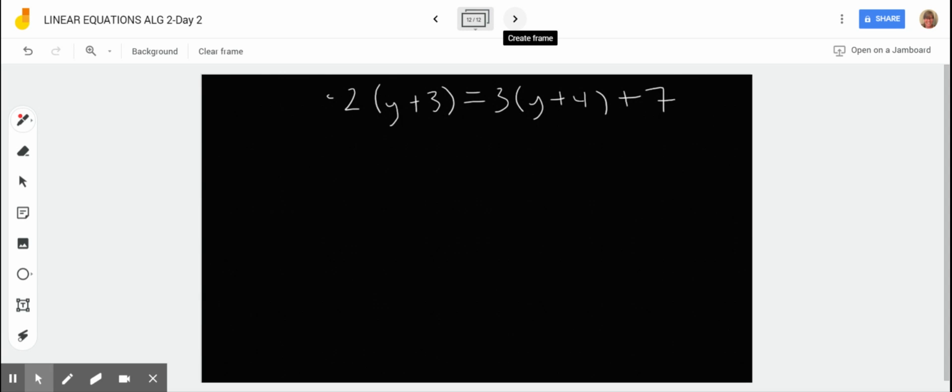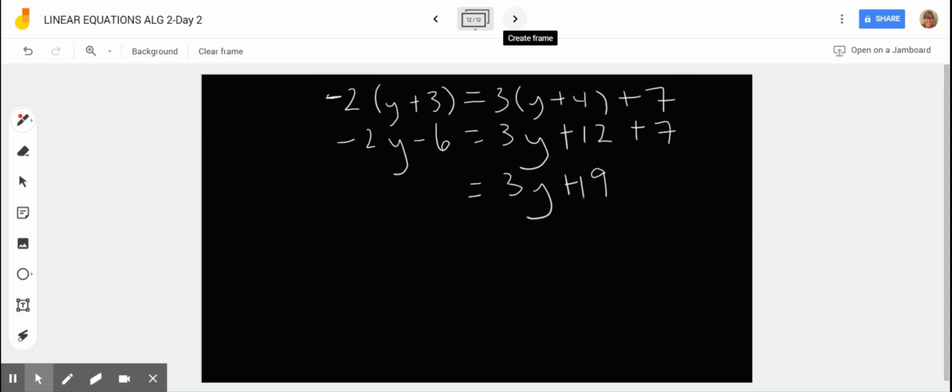So this negative here is going to distribute. We're just going to solve this, and I'm going to assume you know how to do this by now. We've been working on this. 3y plus 19 and -2y minus 6.